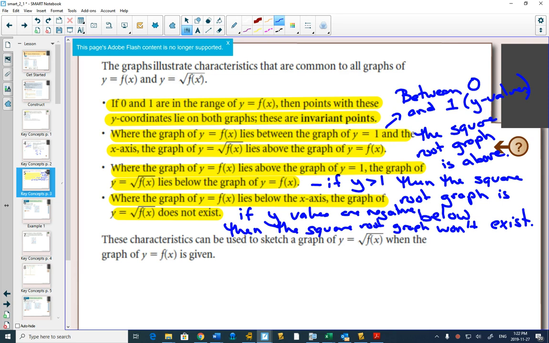Now in each of these, I'm talking about the y values of the function inside. So we have y values for our square root graph, and we have y values for the function inside.